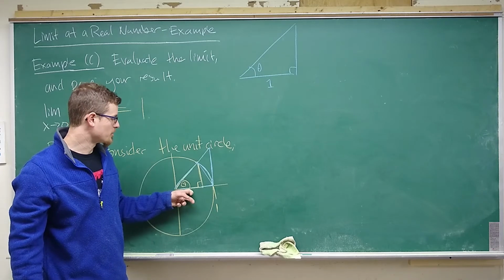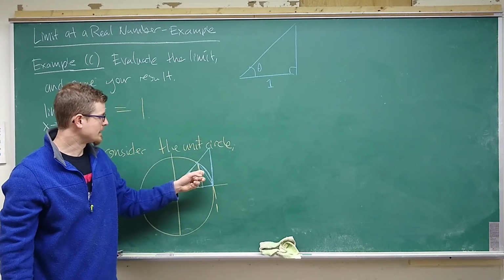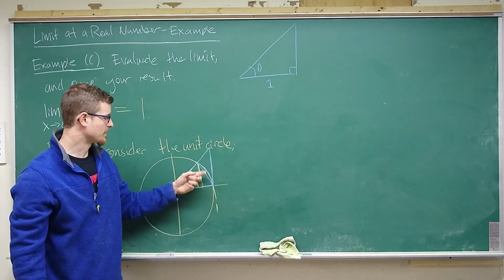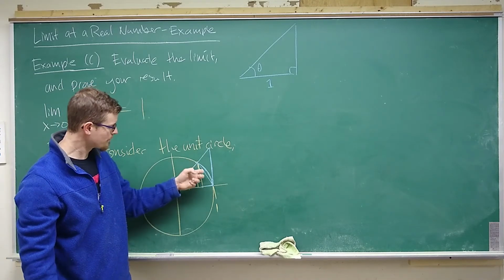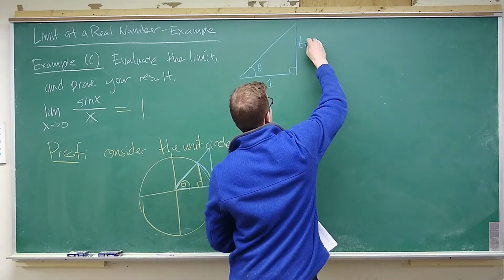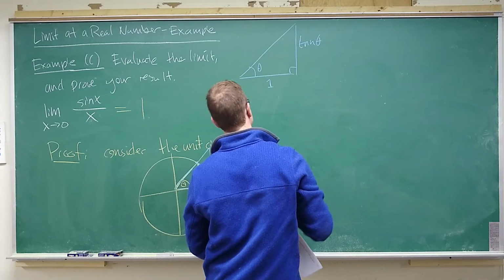So cosine divided by cosine is 1, and sine divided by cosine, dividing by a number smaller than 1 makes it larger. Sine divided by cosine gives us tangent. This is actually the tangent of theta.